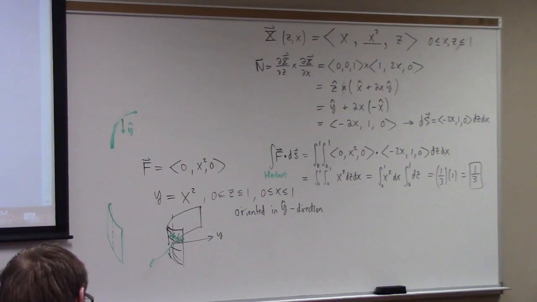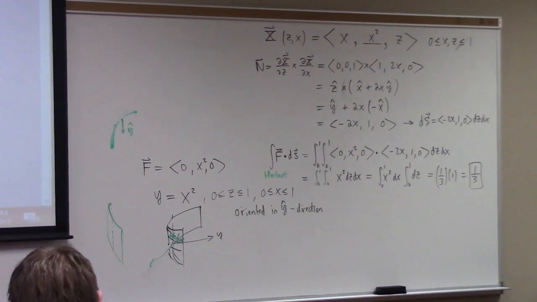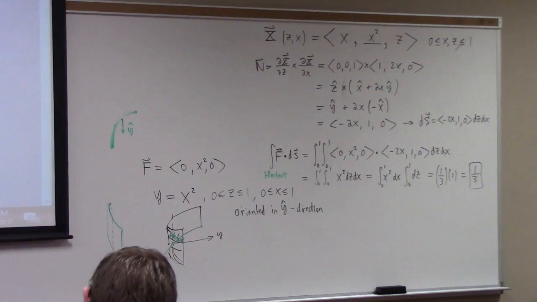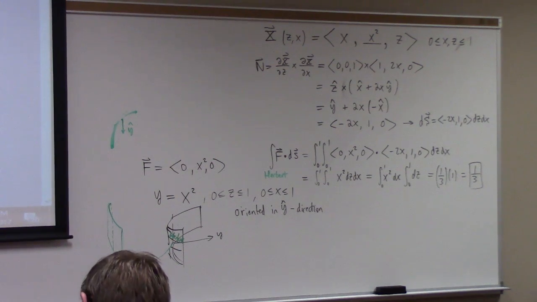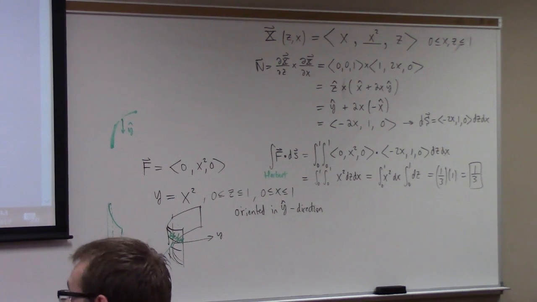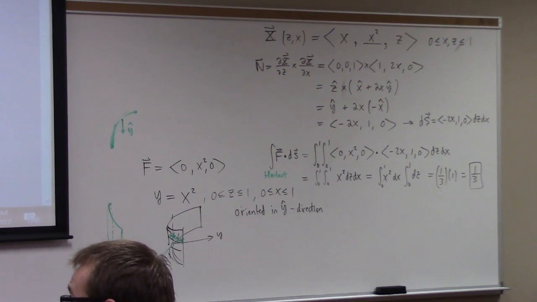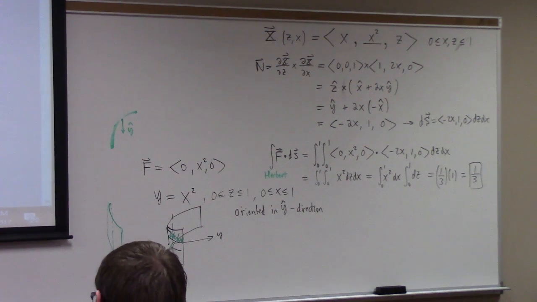But getting back to your original question, if I just say the outward-oriented graph, I don't think that makes sense. If I say it's an upward-oriented graph, like z equals f of x, y upward, it's considered standard nomenclature to take the positive z direction as up, right? But if it's a sphere, outward-oriented means that the normal is on the outside.